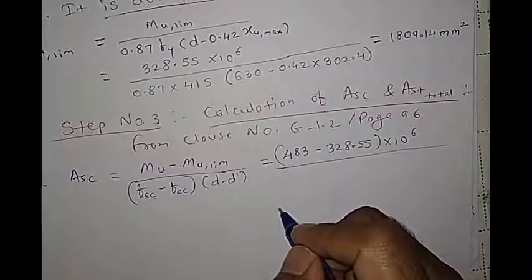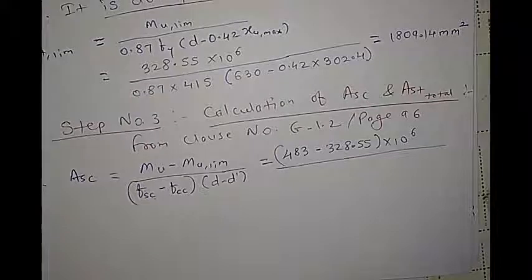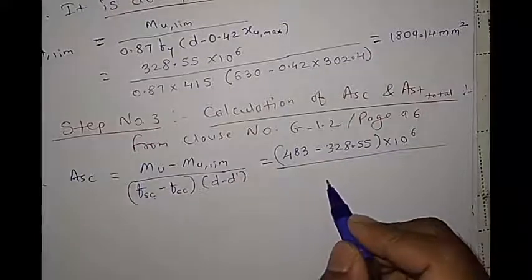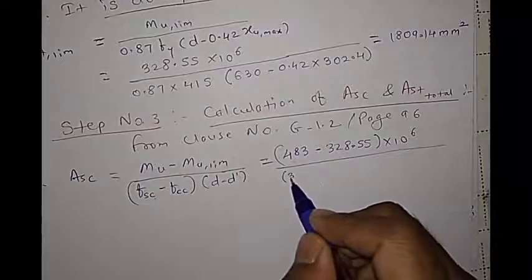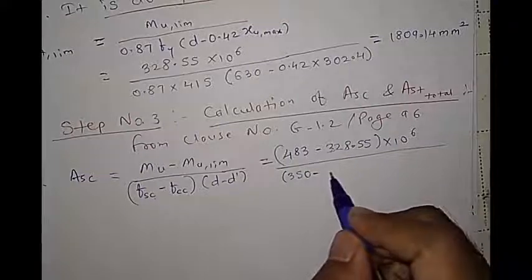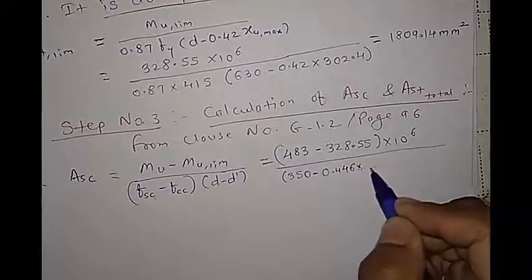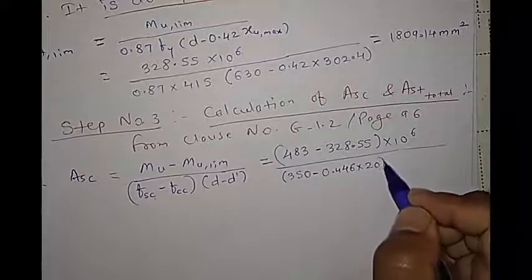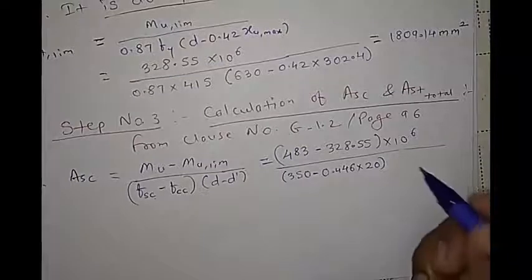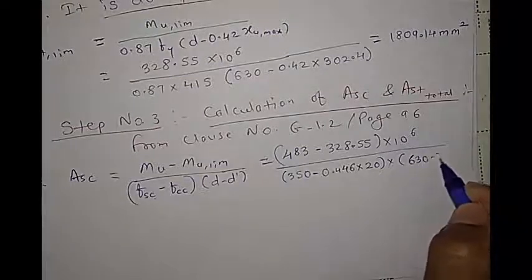Now this value FSC depends upon the ratio of D dash by D, and you can just remember it is around 350 Newton per mm square, and this FCC is actually 0.446 into FCK, and this multiplied by D, 630 minus 70.